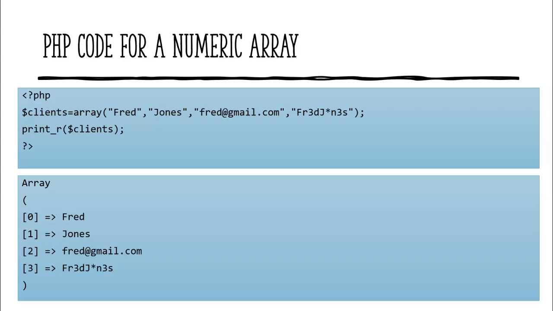If you use the print_r function, it will return each value in the array with that numerical subscript automatically assigned. So Fred would have the subscript of 0, Jones would be 1, fred@gmail.com would be 2, and Fred's password would be 3.